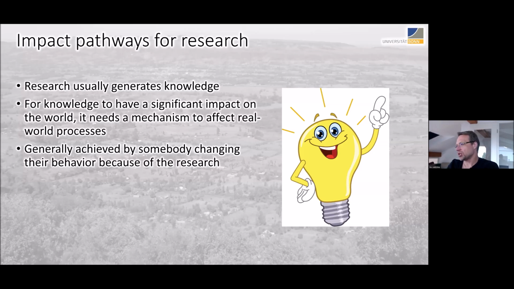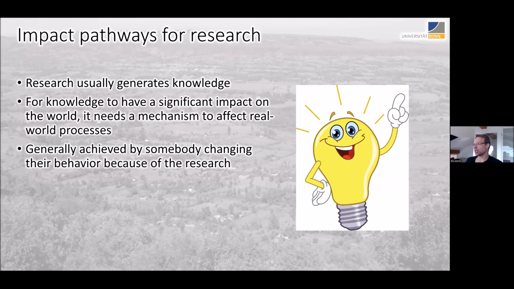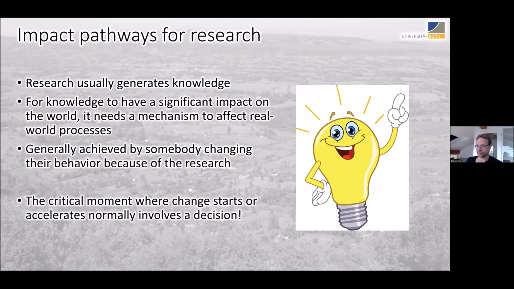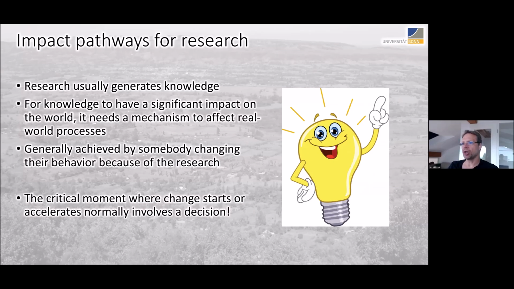So this is almost the only pathway through which our research and the knowledge we generate can actually cause real change. And if you think about this even a little bit more deeply, you realize that the critical moment where change really starts to happen or where it accelerates normally involves some sort of a decision. Somebody has to decide to do things differently.